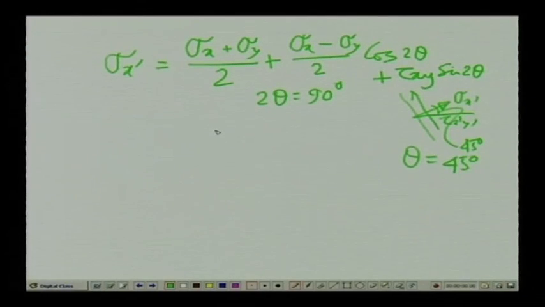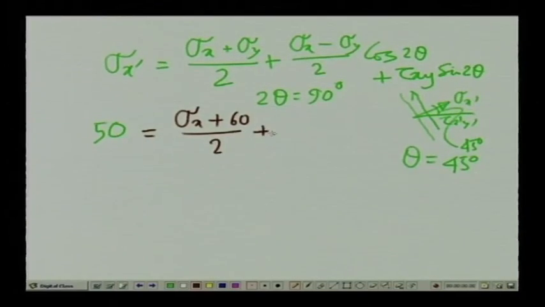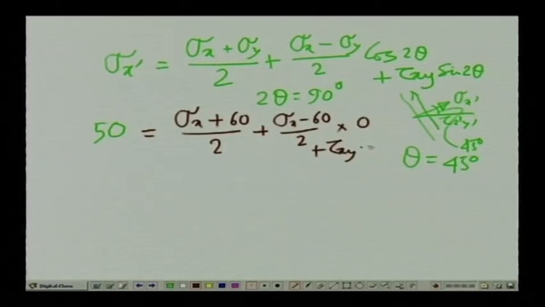Now, sigma x dashed is given as 50. So 50 equals (sigma x plus 60) by 2, since sigma y is 60, plus (sigma x minus 60) by 2 times cos of 90, which is 0, plus tau x y sin of 90, which is 1.